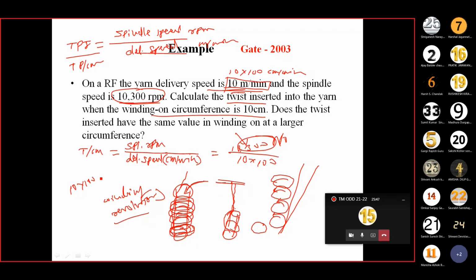So in short, we are delivering 10 into 100 centimeter. If I divide this value by the package circumference, what is the circumference? 10 centimeter.